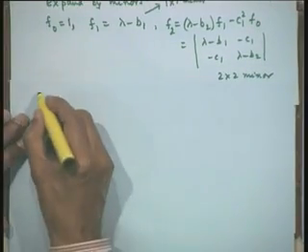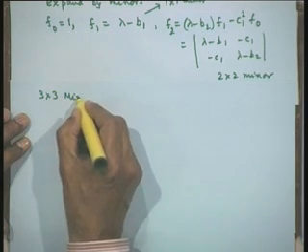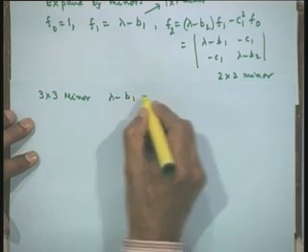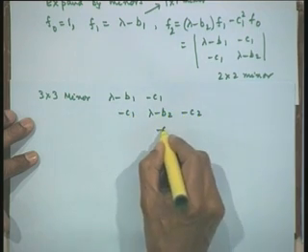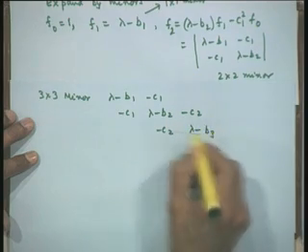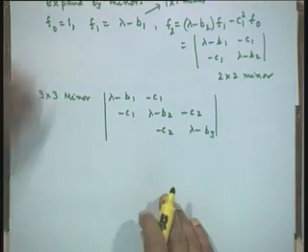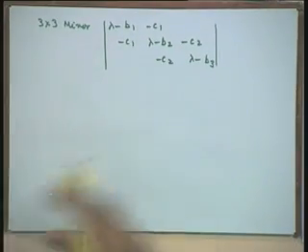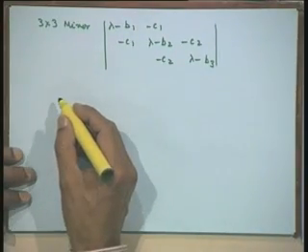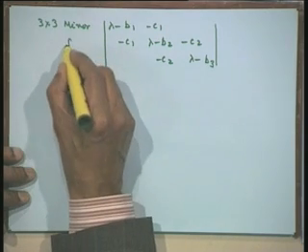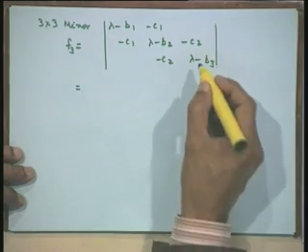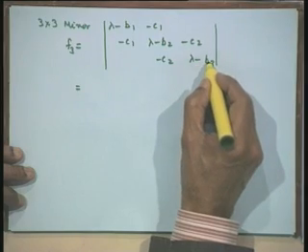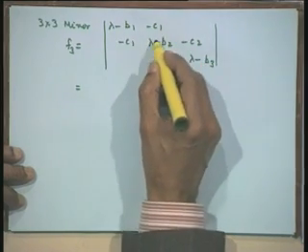Now, I take the 3 into 3 minor, and that is lambda minus b 1, minus c 1; minus c 1, lambda minus b 2, minus c 2; minus c 2, lambda minus b 3. This I will call F 3. Now, let us expand again by the third row, lambda minus b 3 into this determinant, which is already F 2.